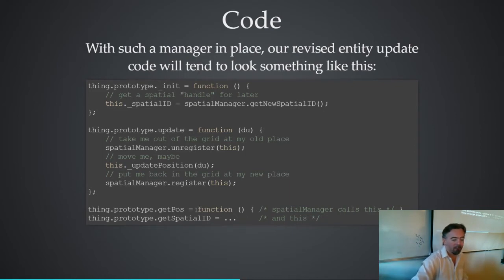So in that case, all you really need to do is be able to get the position of the object, which is going to be the XY centre of the collision circle. And there's actually a bit that I haven't specified here where you get the radius as well. And you can extract the spatial ID. So the spatial ID is just a piece of interface glue that allows the entities to talk to the Spatial Manager. And there are other ways you could have done it, but this is an easy one, so it's the one I'm showing you.